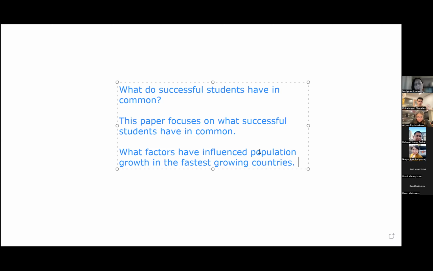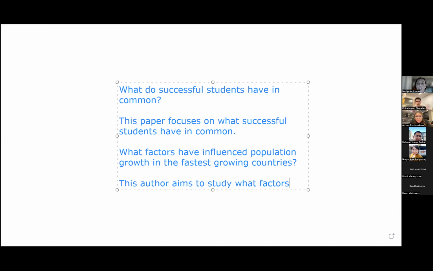So when you fold it into a sentence, you don't have to change it, right? So for example, this author aims to study what factors have influenced population growth, etc., right? And there is obviously a period at the end, right?